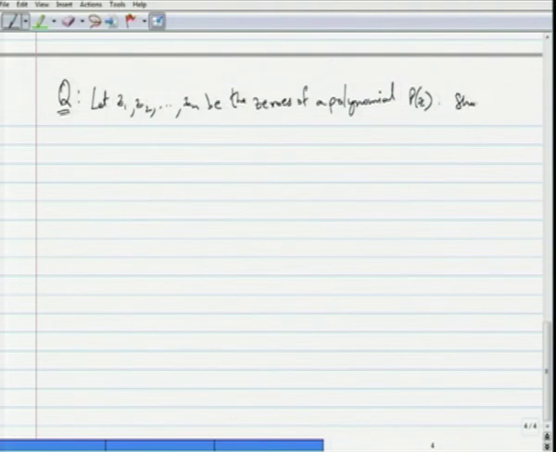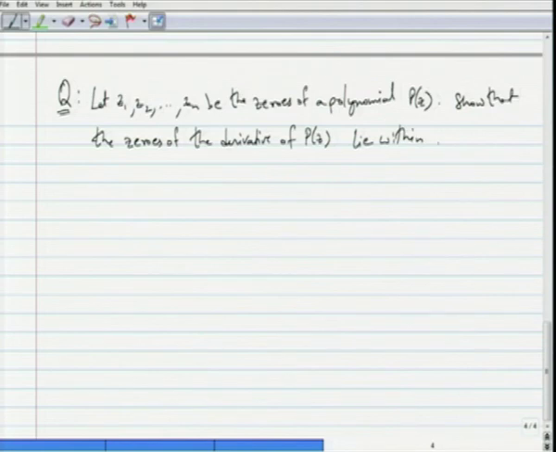Show that the zeros of the derivative of p lie within the convex hull of these zeros, of the points z1 through zn in the complex plane.